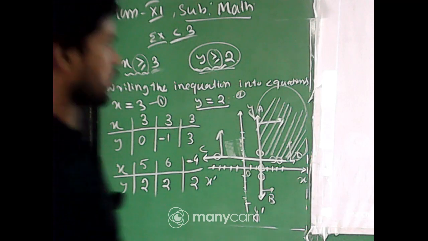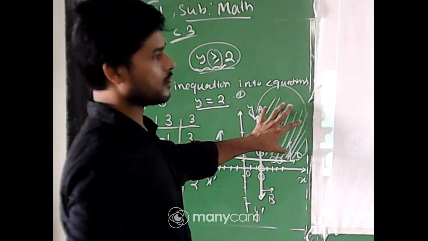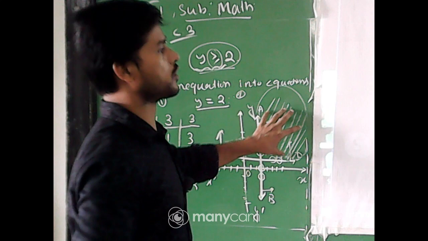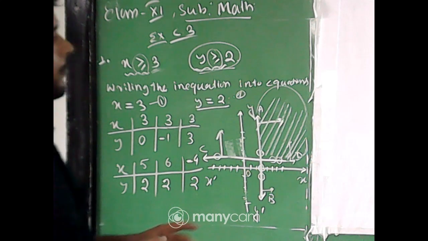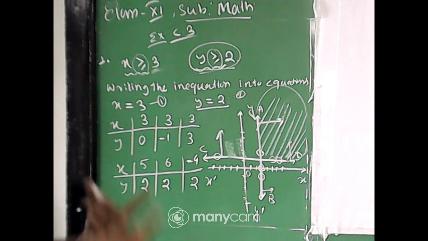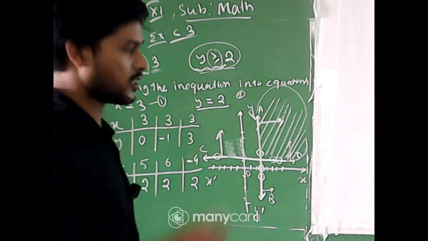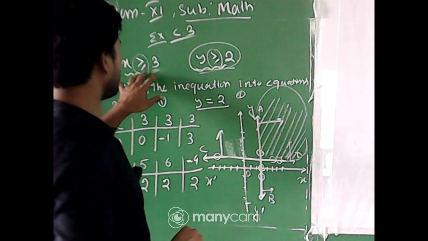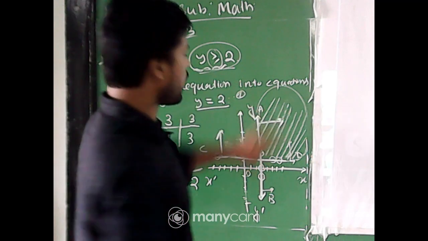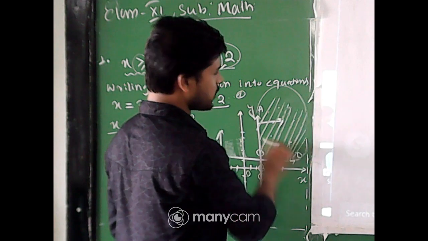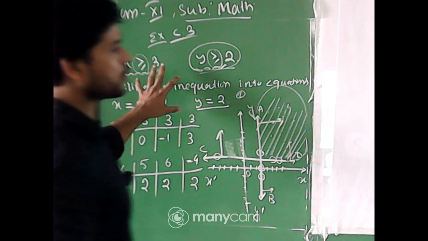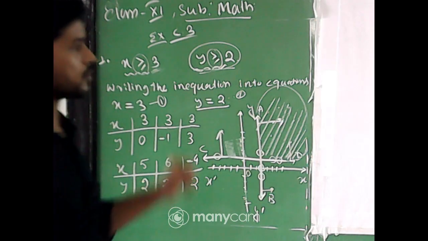When we solve an equation, we get a single solution, a single point. But when we solve inequations, we have a lot of points, a lot of solutions. So any point in the region will be a solution of this inequation.